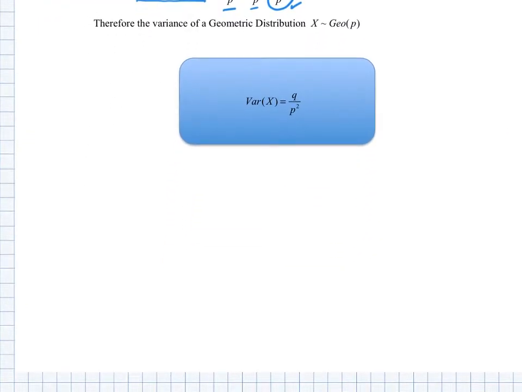So let us summarize today's lesson on geometric distribution. First of all, the PDF for geometric is equal to q to the power of x minus 1 times p, where x equals 1, 2, 3, and so on.